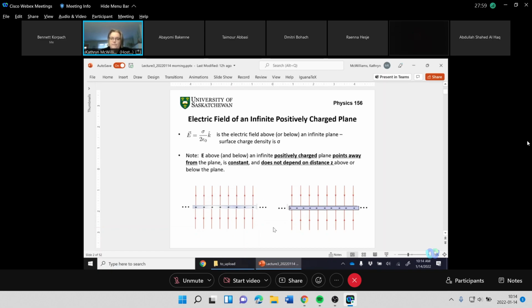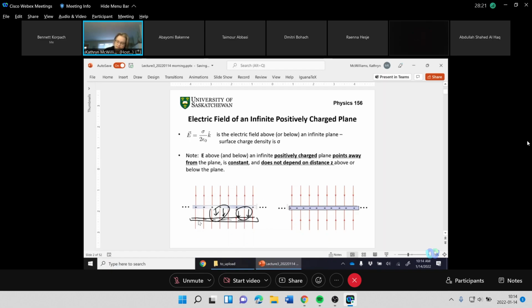So they constructively combine. But then, if I put the plate, oh, you know what, I can just draw it. If I put the plate here, my negatives. So the negative plate has electric field lines pointing towards it, and the positive plate has electric field lines pointing away from it. So these two add up because they're in the same direction.